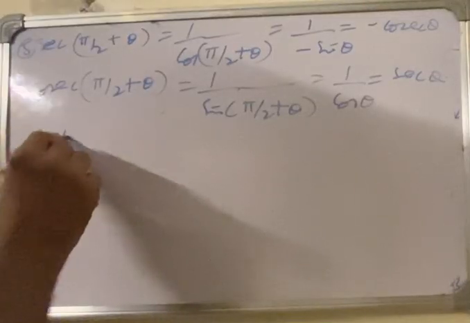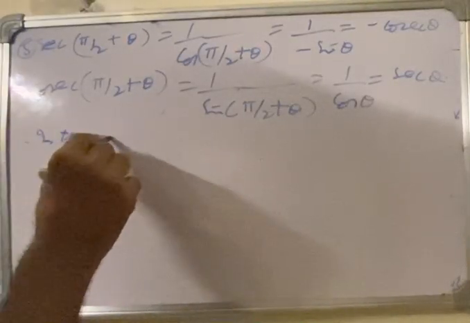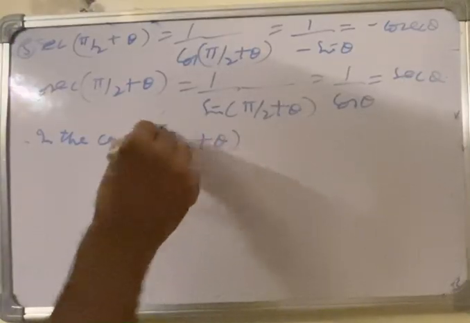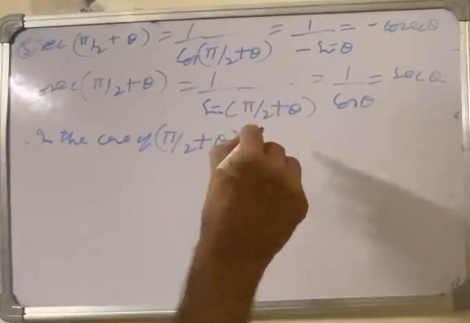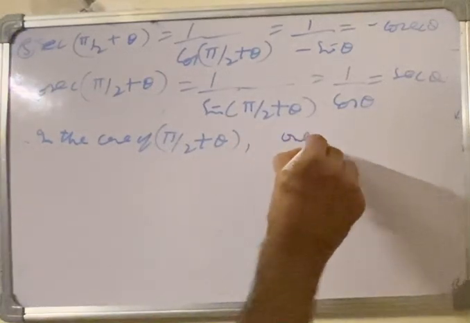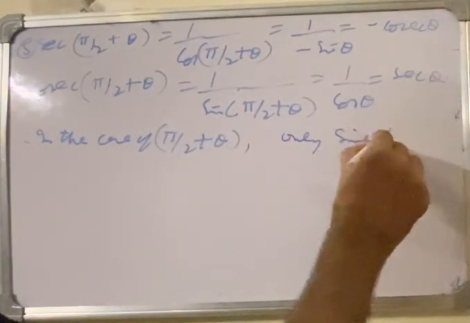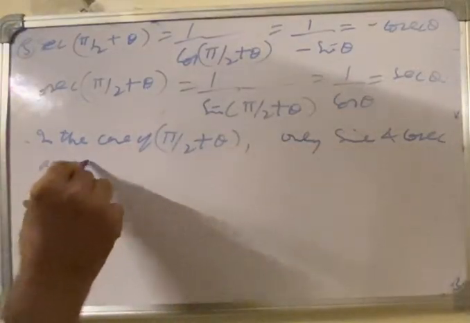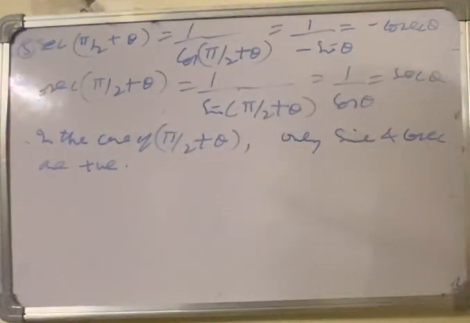Therefore, in the case of pi by 2 plus theta, only sine and cosec are positive. All the others are negative.